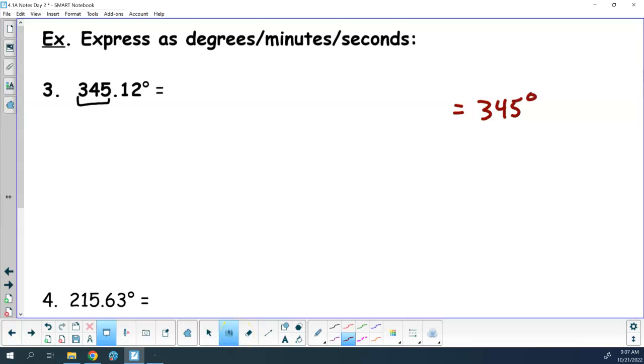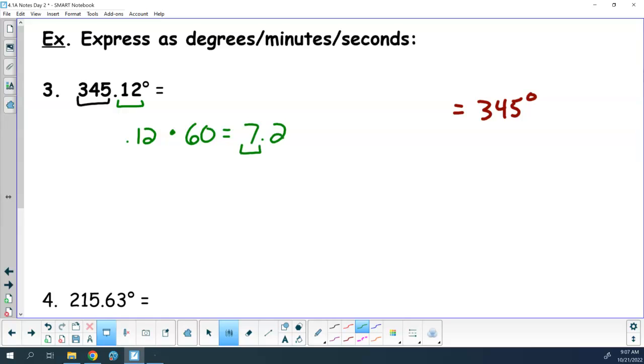So jazzed up about changing over to degrees, minutes, seconds. Okay? Then what you're going to do is take this decimal, 0.12, and multiply that by 60. 0.12 times 60 is 7.2.